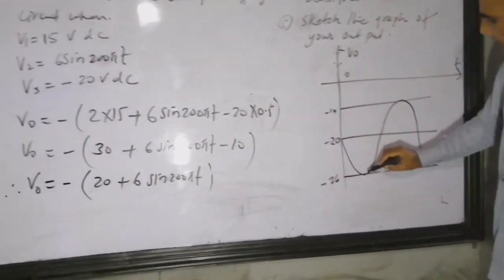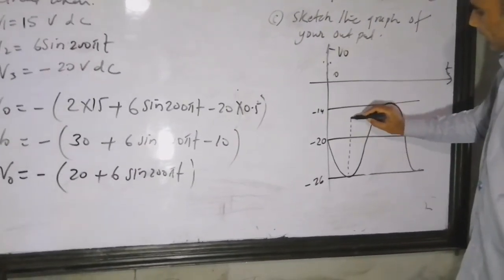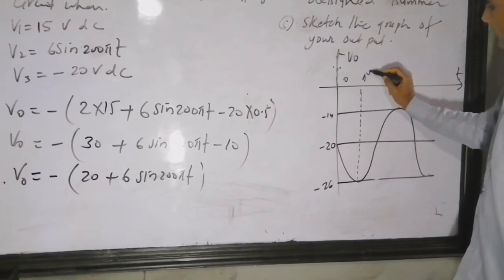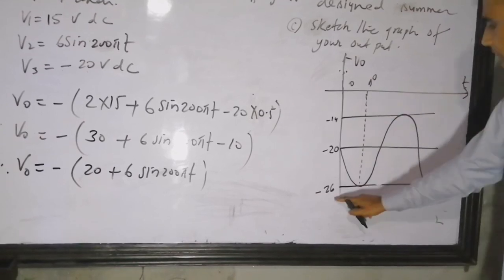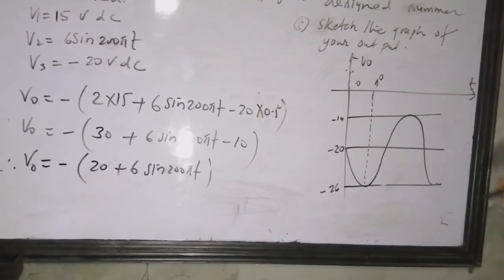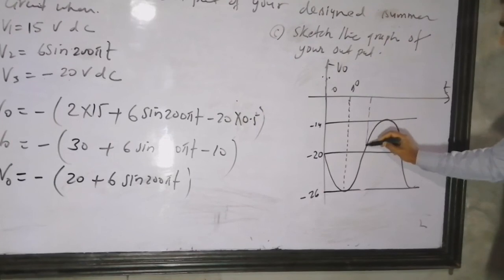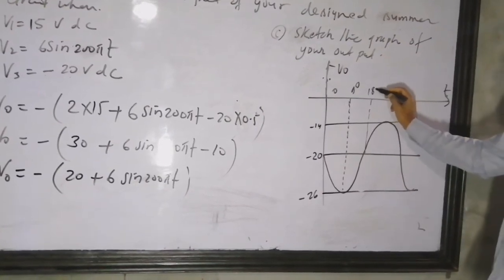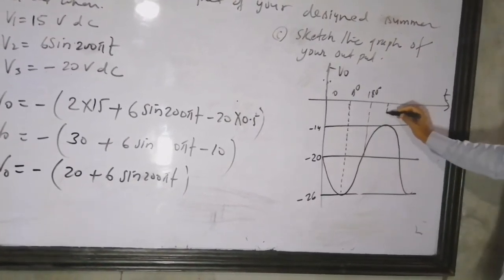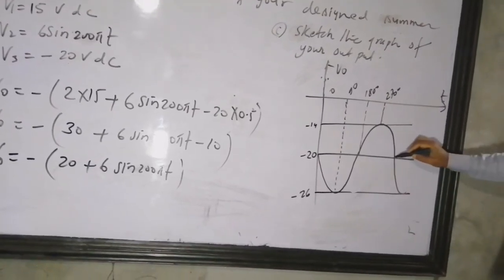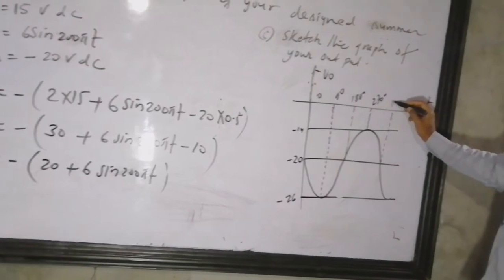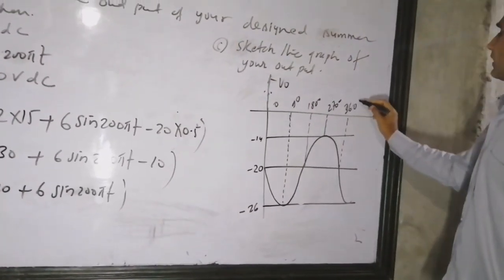This is the 90 degree point, where the voltage becomes minus 26, this is the 180 degree, this is 270 degree, and then there is the 360 degree.